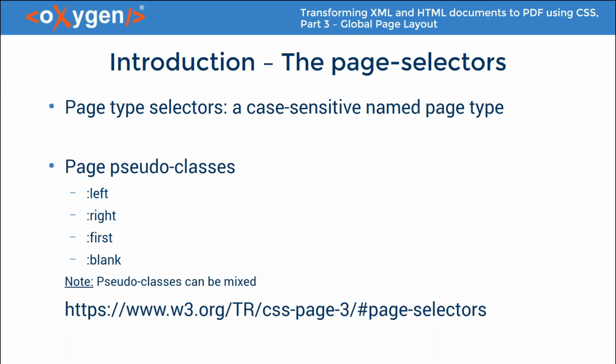Also, together with the page rule, you will see the page selectors, which we can divide in two different types. The named page selector, which is the name you will give to your specific pages, and of course some CSS pseudo classes to define left and right pages, first pages of a set of pages, or blank pages.